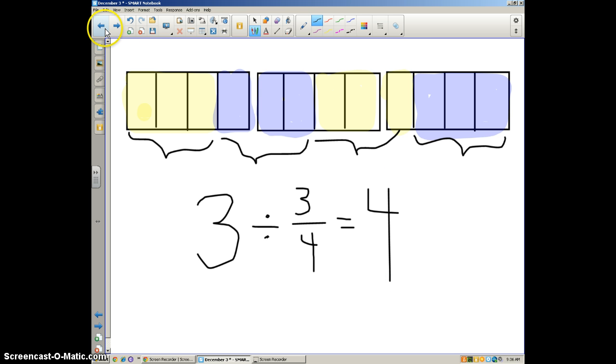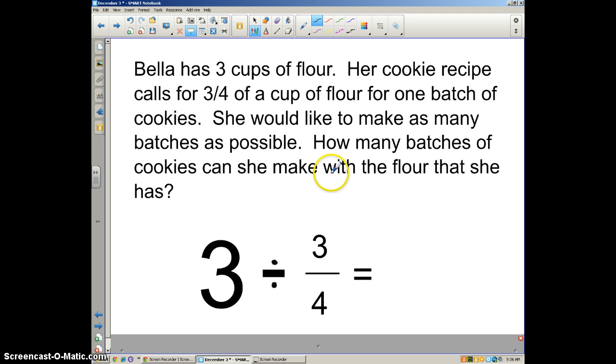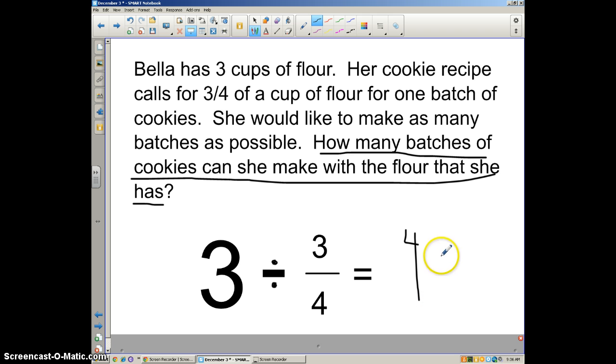So the answer to our original question of how many batches of cookies can she make with the flour that she has, the answer is 4 batches. And that is how you divide with fractions.